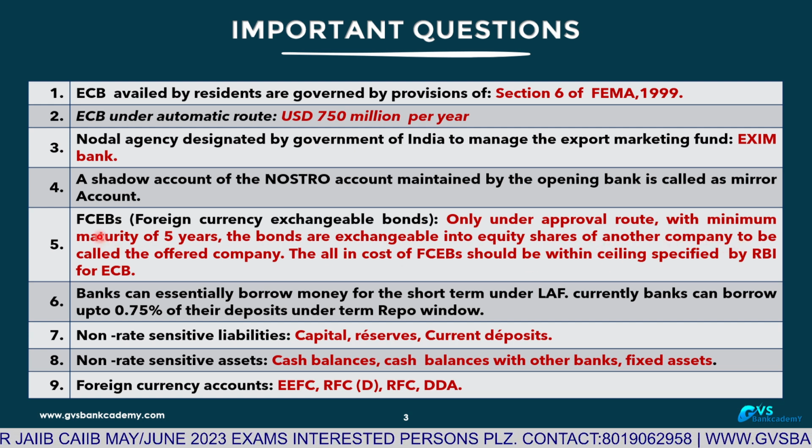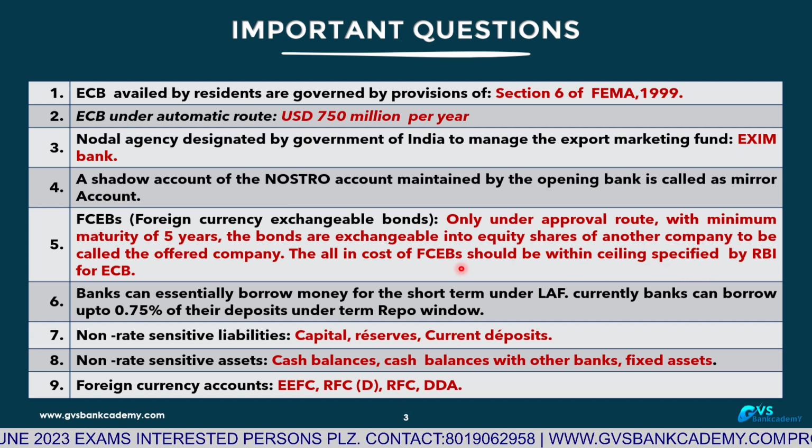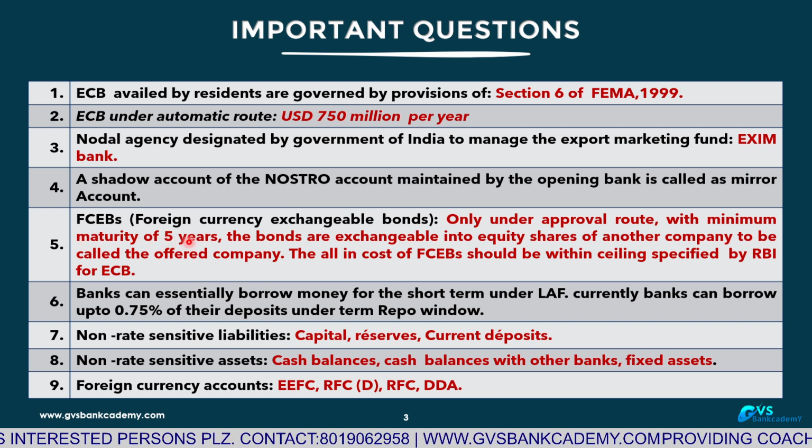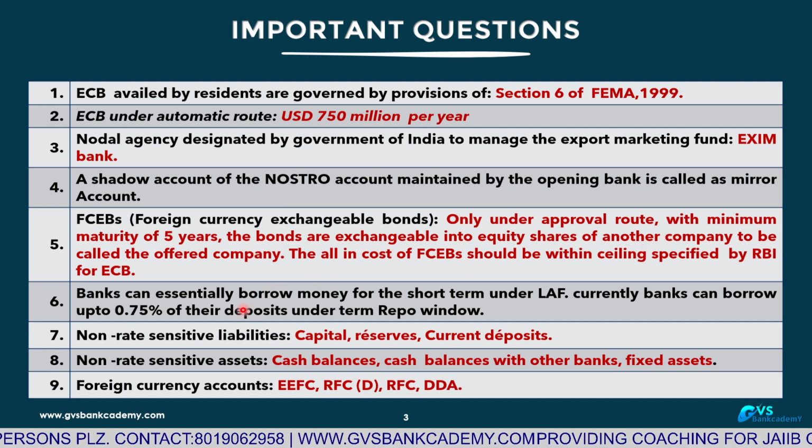The bond is issued by one company, and shares are allotted in another company, called the offered company. The all-in cost ceiling in this borrowing is also regulated by RBI. This is a unique foreign currency exchangeable bond, only under the approval route, and the minimum maturity period is 5 years.